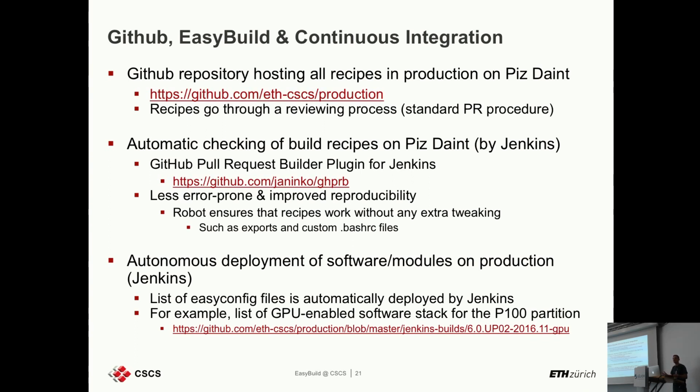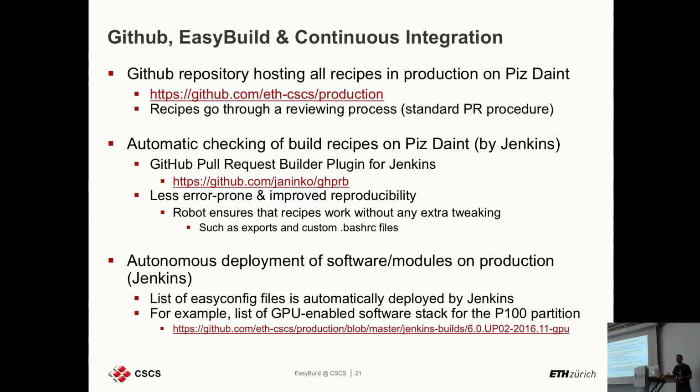For the moment, it is very new. We have been using it for one month, and we are very happy with it, because we very easily get an idea if the recipe is already working. We don't need to manually check. If we see the green light on GitHub, it means it has been built and installed on PITSDYNT. So it helps us a lot.